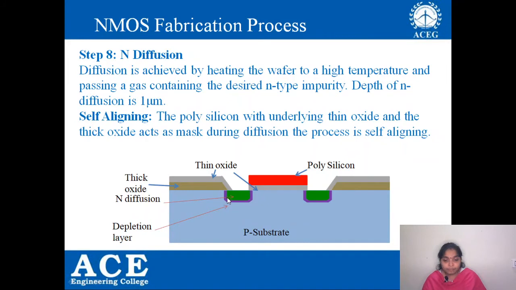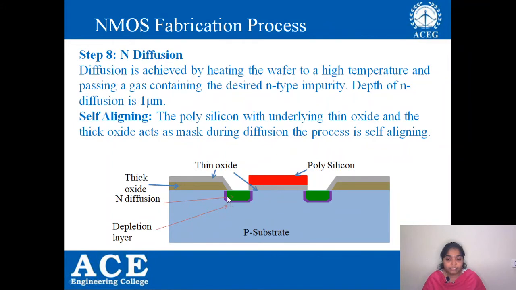And here you will have some depletion layer, because this is n type and this substrate is p type. So in between the n type and p type, a depletion layer is formed. The n type diffusion is shown with green color, and the depletion layer is shown with violet color, right?